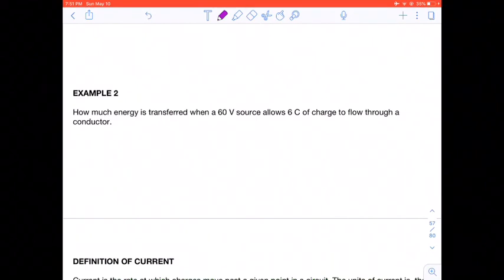Right, now here we have: how much energy is transferred when a 60 volt source allows 6 coulombs of charge to flow through a conductor?